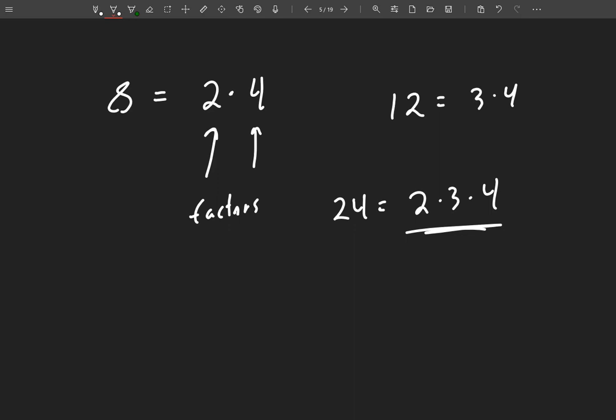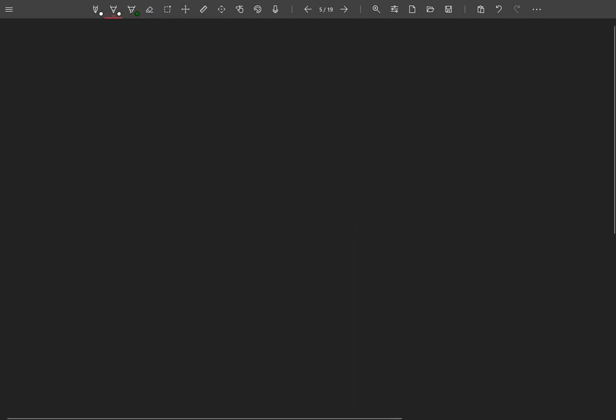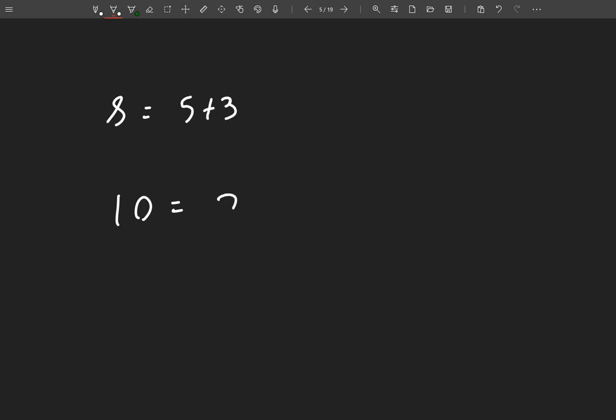Now, I don't want you to confuse that with addition. So 8 could be written as 5 plus 3, but these aren't factors, right? I have broken it down as far as things that add together to give me 8, but that doesn't mean that these are factors. Factors are only going to be things that multiply. You also can't have things like this. Let's say I have this.